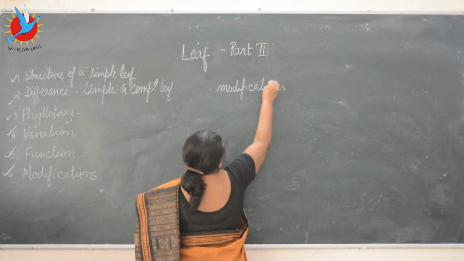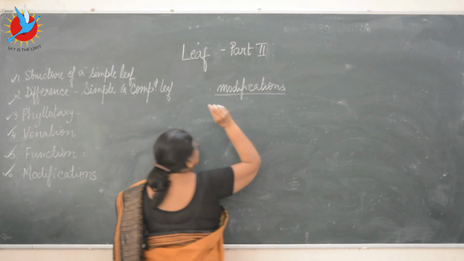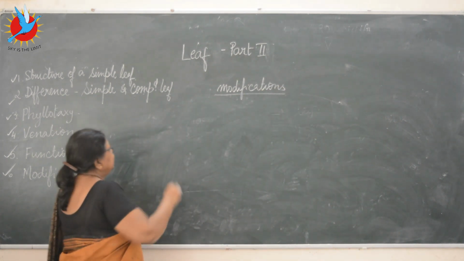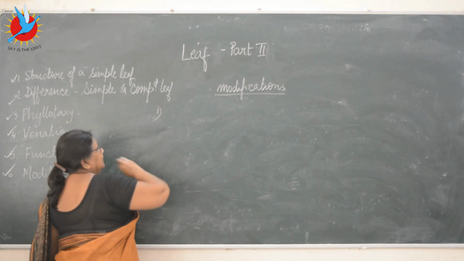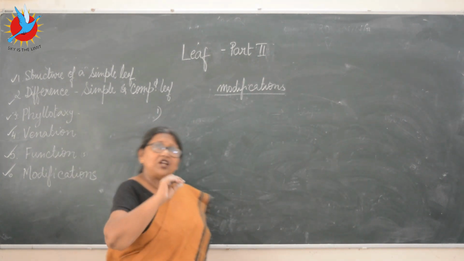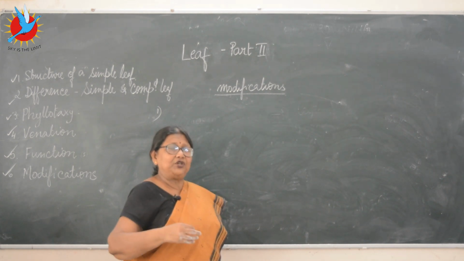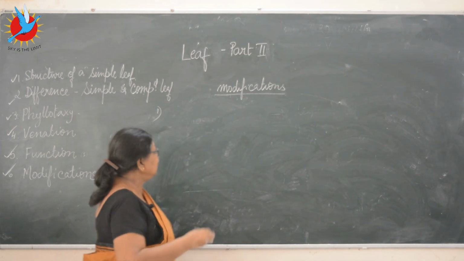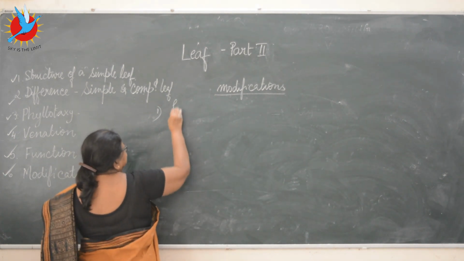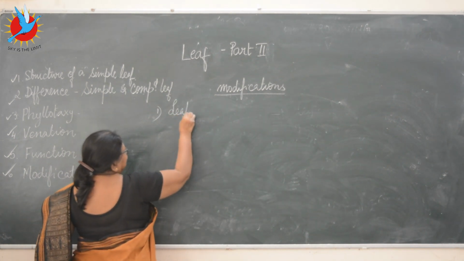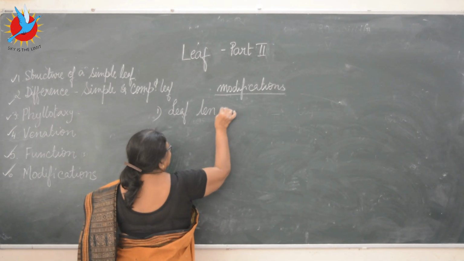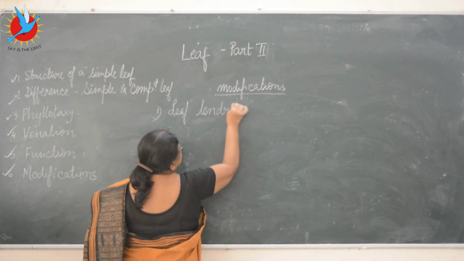So we take modifications. First one, you have seen all of them. As I am writing, it will come to you. You will start remembering them. First one, leaf tendril.